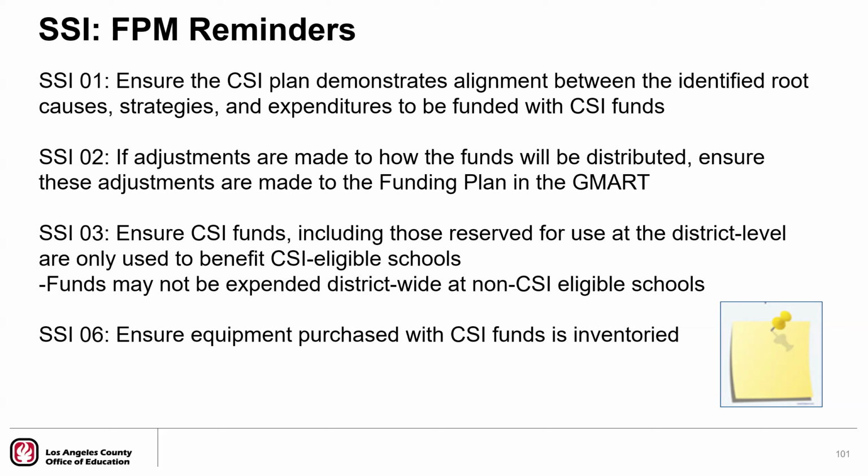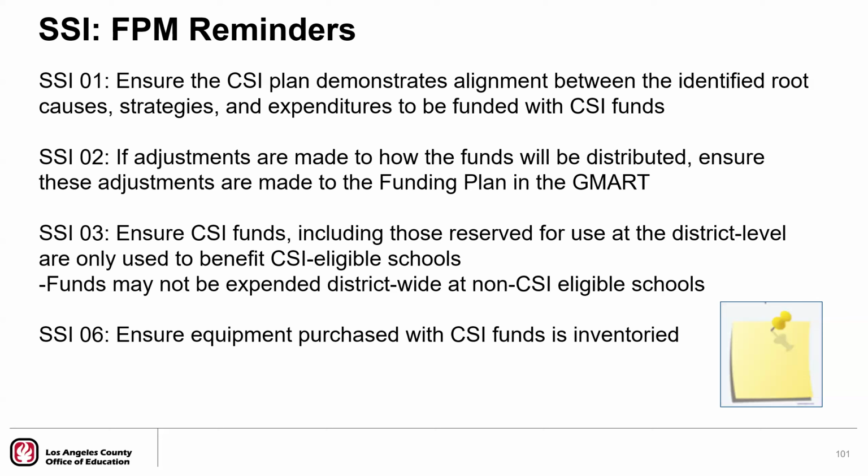There must be alignment. For SSI 3, ensure that the CSI funds, including those reserved at the district level, are only used to benefit CSI eligible schools. Funds may not be expended district-wide at non-CSI eligible schools.